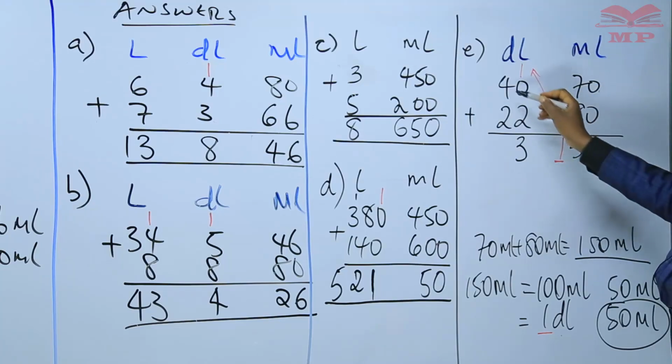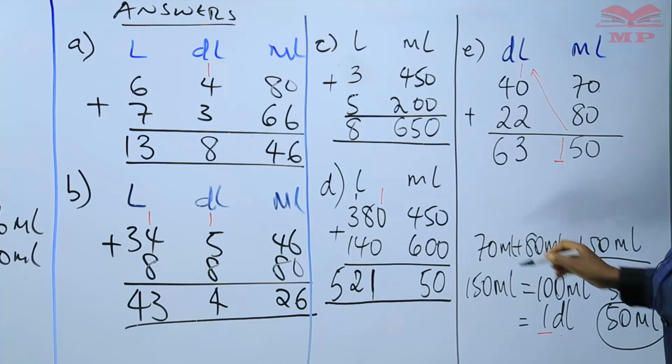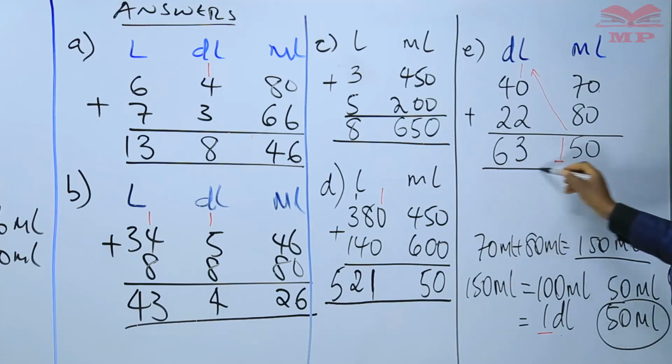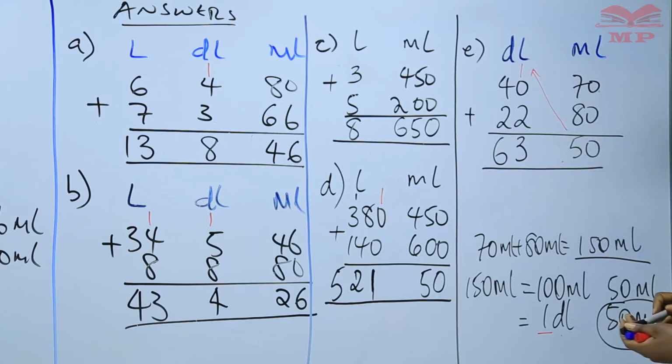Then we add 4 plus 2. This is equal to 6. So the total there is 63 deciliters and 50 milliliters.